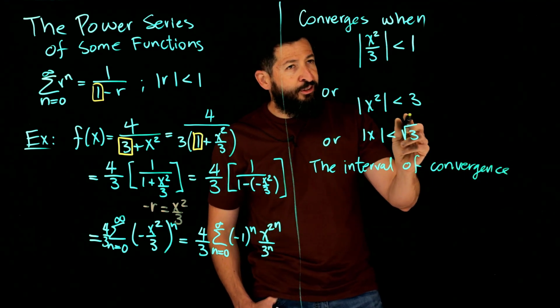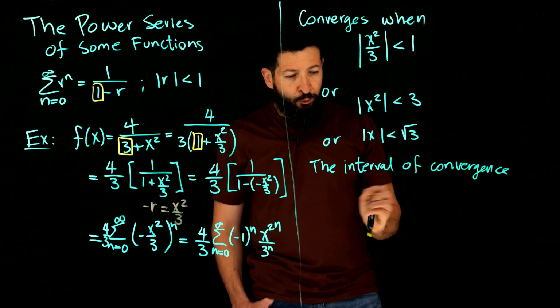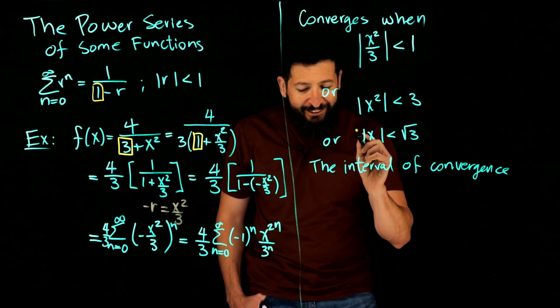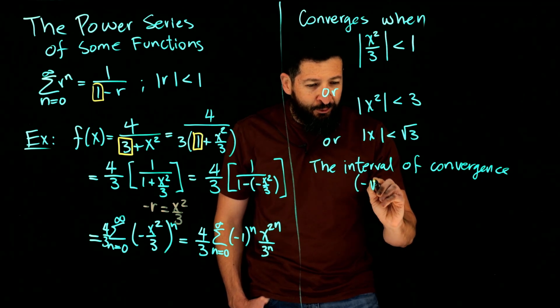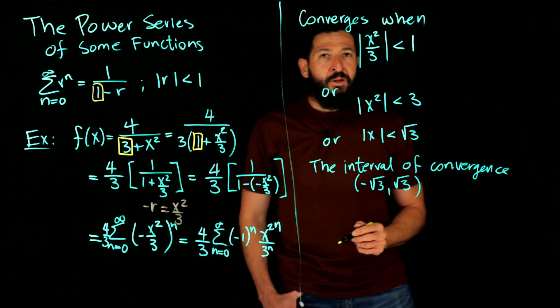The radius of convergence is square root of 3, by the way, because that's where you're comparing the x in linear form. So the interval of convergence is the interval from negative square root of 3 to the square root of 3 for the x.